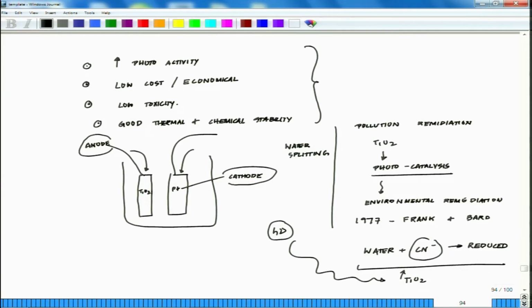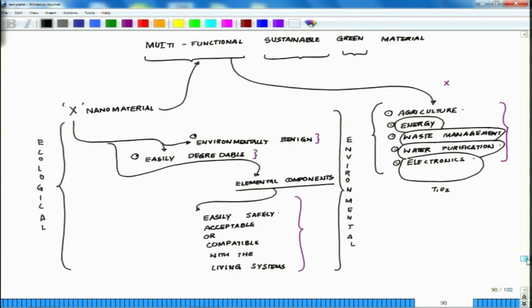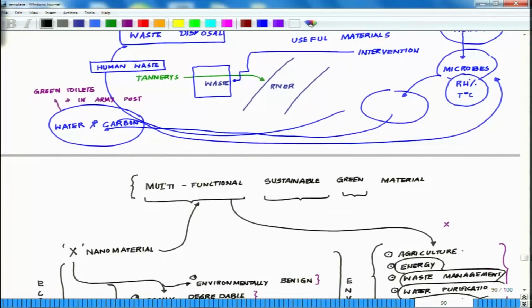Other significant breakthroughs included Wang in 1997, who reported titanium oxide surfaces with excellent anti-fogging and self-cleaning abilities. So, this was another breakthrough. Again I will highlight this aspect: multifunctional, sustainable, green material. Multifunctional is the word which is very important for you to understand, that this is where the future lies, something which has multiple applications.